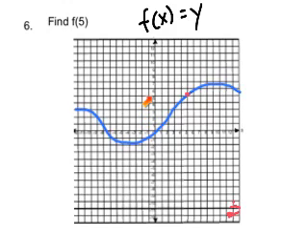Okay, so it's at 5. So the y value when x is 5 is 5. So that means f of 5 equals 5, which is pretty easy, right?